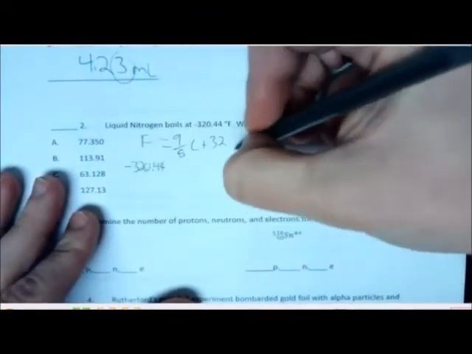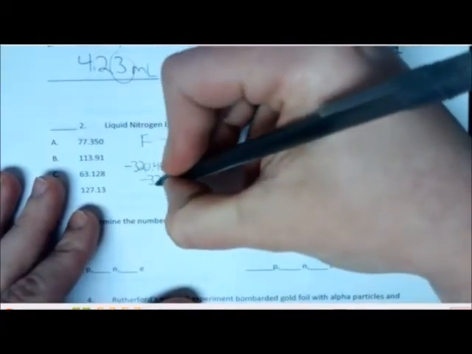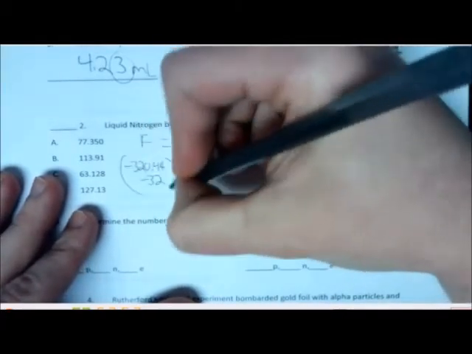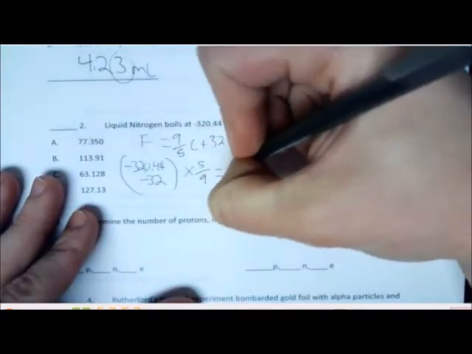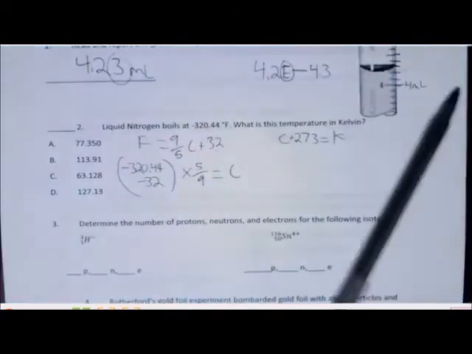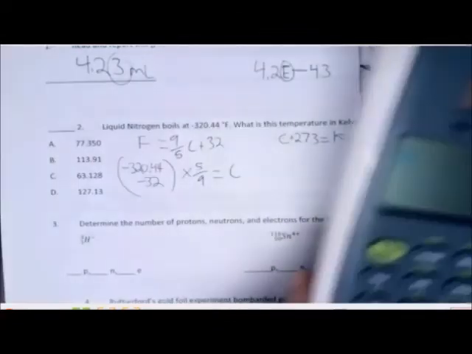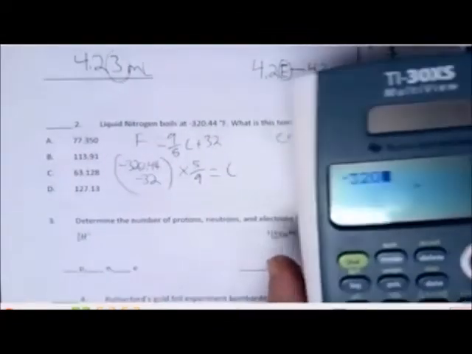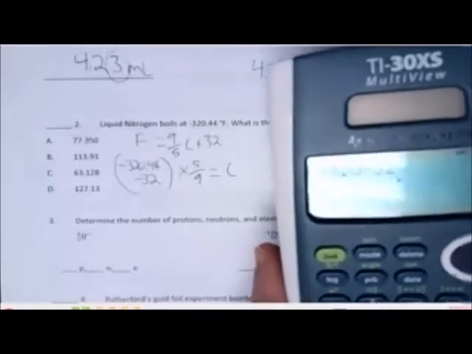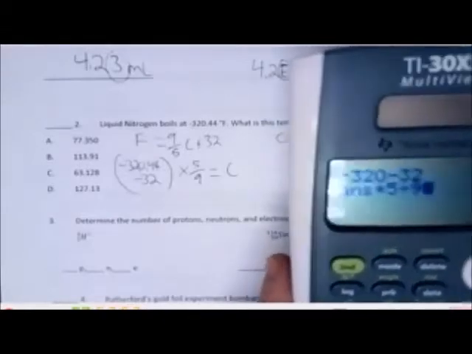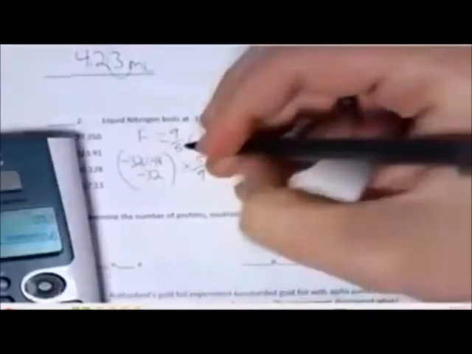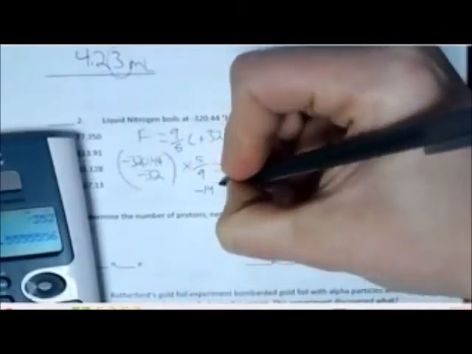First, I have to subtract 32. Then whatever I get, I multiply by 5 over 9 to give us Celsius. Negative 320 minus 32 is negative 352, times 5 over 9 gives us, we'll say, negative 196. That's probably safe.